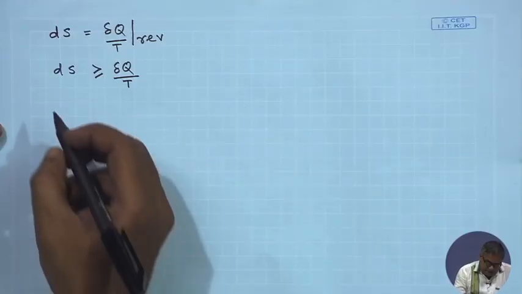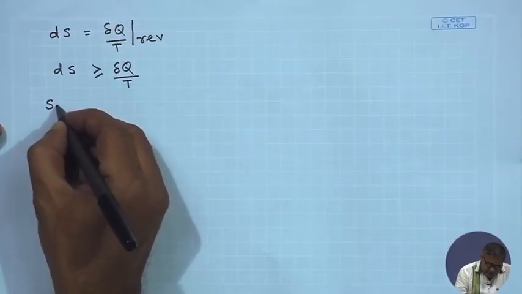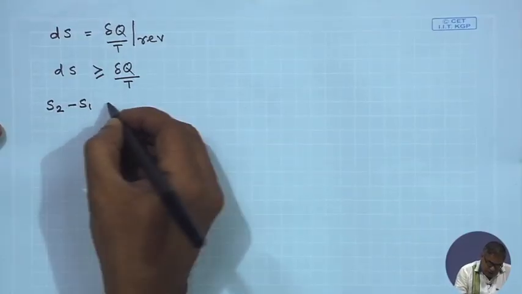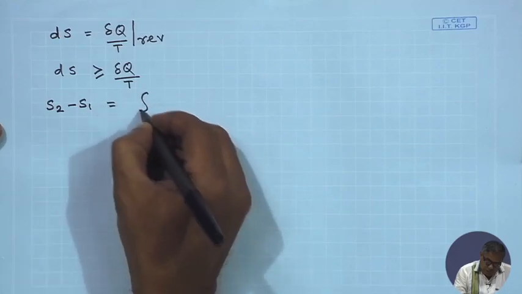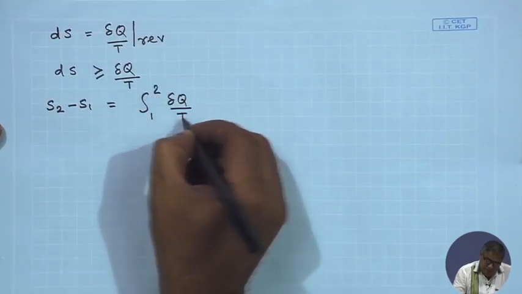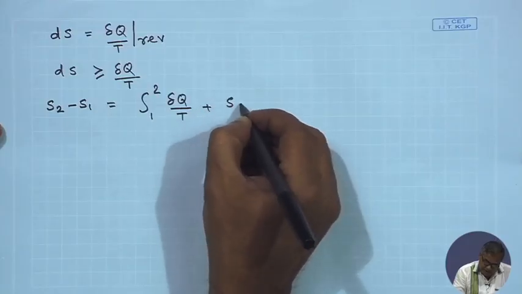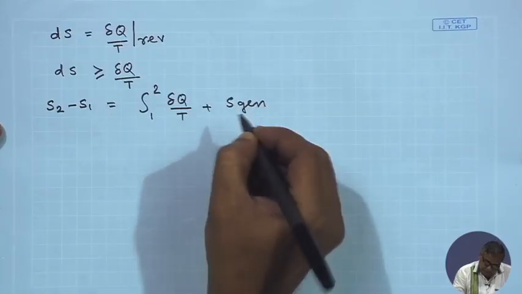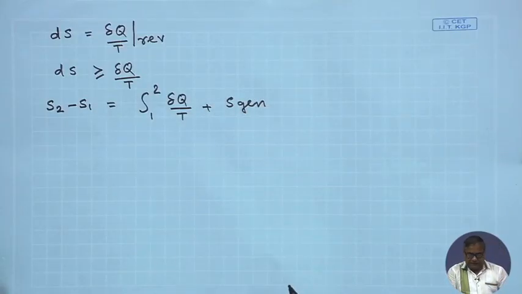Then by integrating one can write S2 minus S1 is equal to integral from 1 to 2 of dq by T plus S gen, or delta S gen, because this is an integration process.